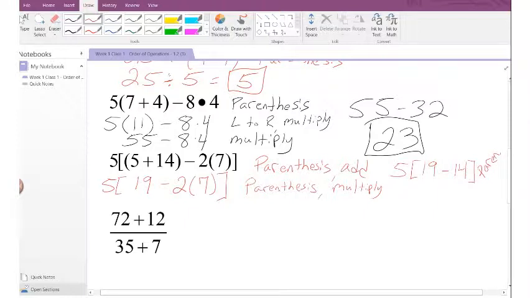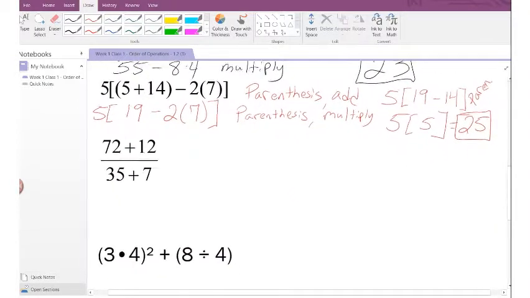Y'all finish it out from here. 19 minus 14, what do we get? 5. So we're going to put 5 multiplied by 5, which gives us a product of 25. How are we feeling about that? Pretty good. All right.